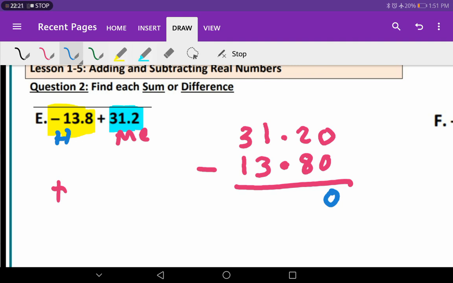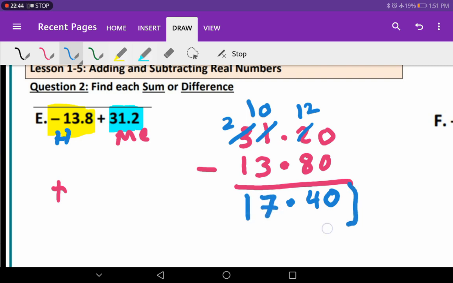I will not do anything bad to you. So the 2 will be 12, and the 1 will be 0. So it is 4, decimal point, 0, negative 3, no, it will be 2, and this will be 10. 10 minus 3 equals 7, so 17.40 is the answer, and by the way, it is positive.